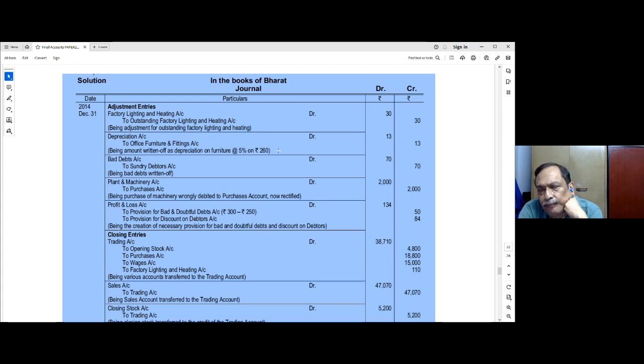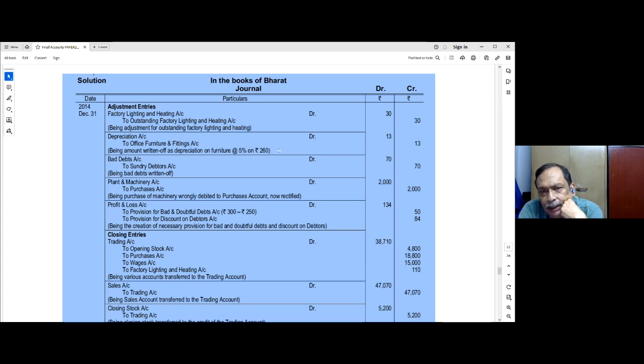So, in the books of Bharat, to pass the journal entry, that is adjustment entries. The first entry is factory lighting and heating account debit to outstanding factory lighting and heating account. Being adjustment for outstanding factory lighting and heating.